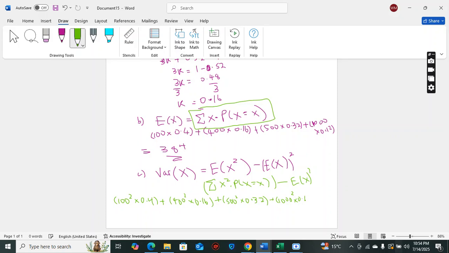There's one more thing we need to put here. 384 squared. So we can tabulate.